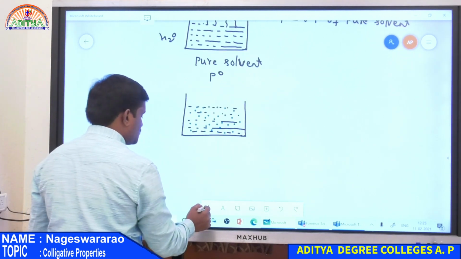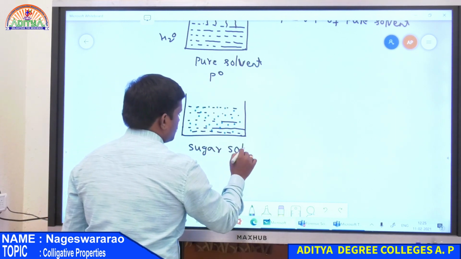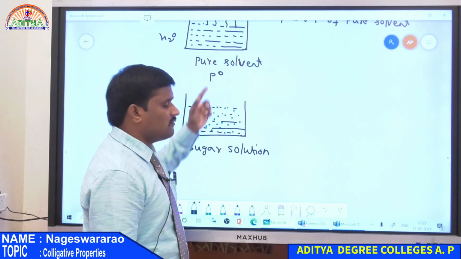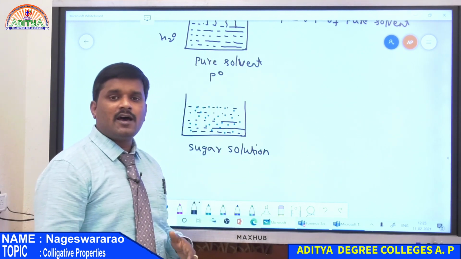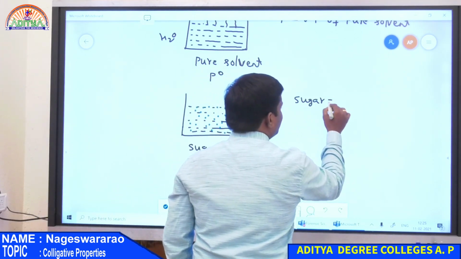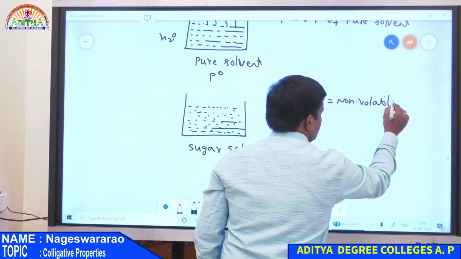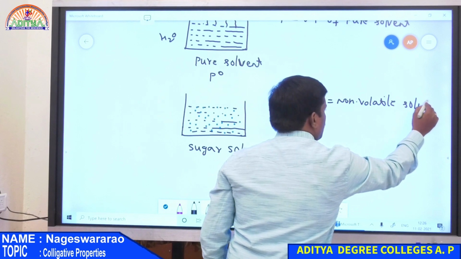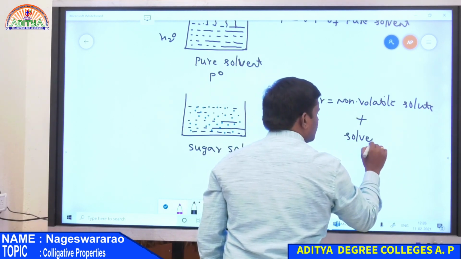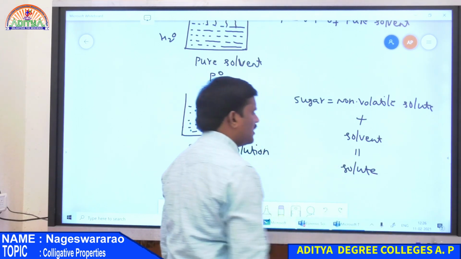So this is a sugar solution. We already have a pure solvent, and now I am adding a non-volatile solute. Sugar is non-volatile. Whenever this non-volatile solute is added to a pure solvent, then it is a solution.